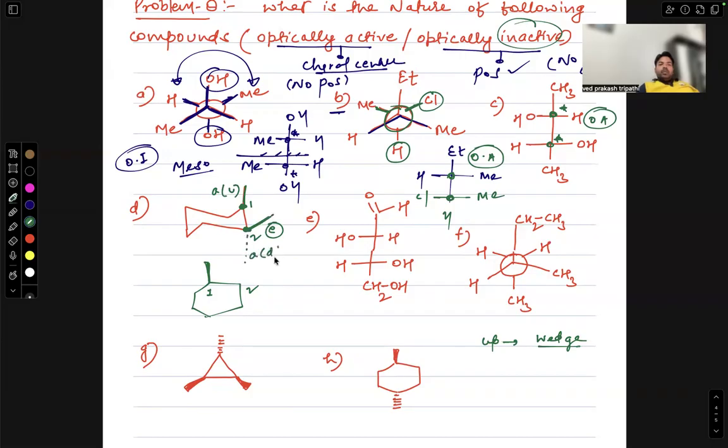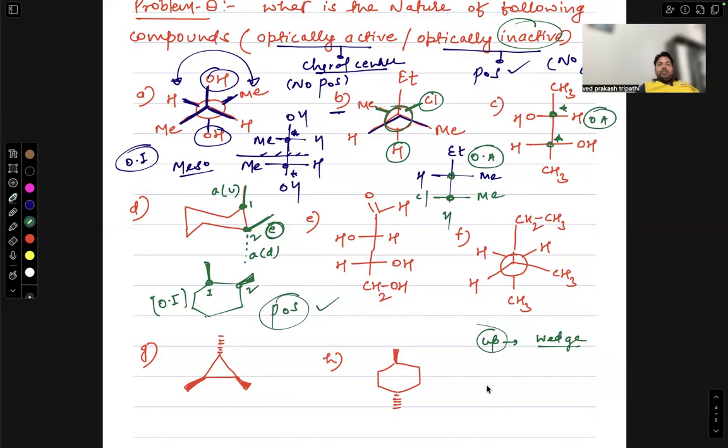So this is equatorial up and up is again wedge. So again 2 is wedge. So you can see two chiral centers and a plane of symmetry. Whenever you have a plane of symmetry, it is optically inactive. Make sense? Tell me everyone.